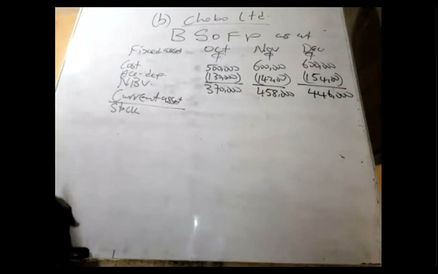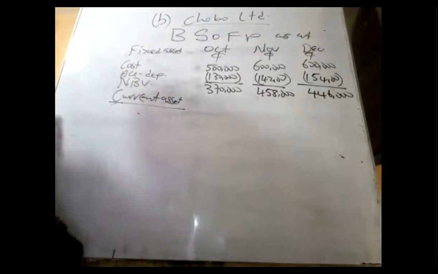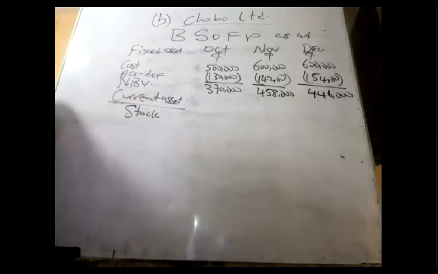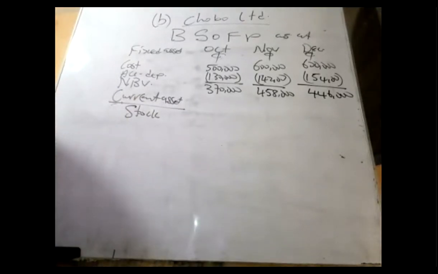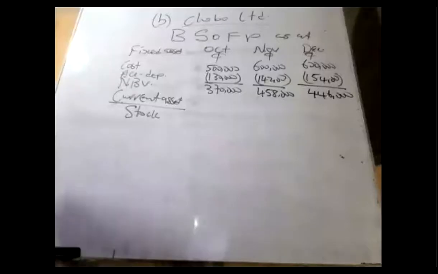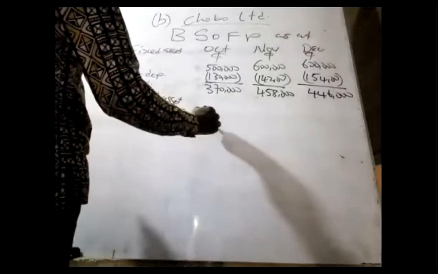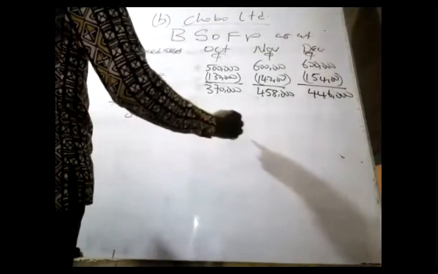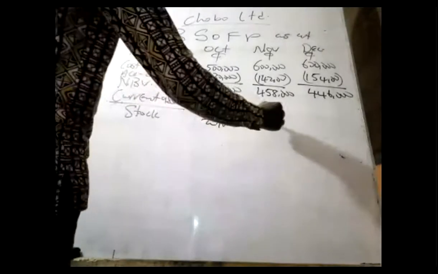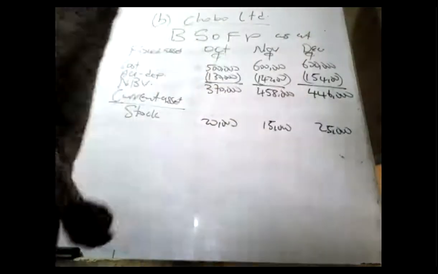Pick the closing stock. The closing stock is in the question, so let's quickly pick them. The stocks are 20,000, 15,000, and 25,000.